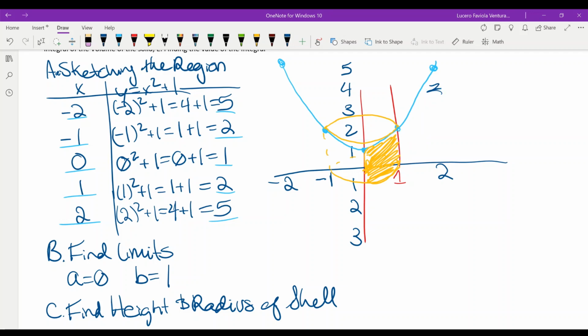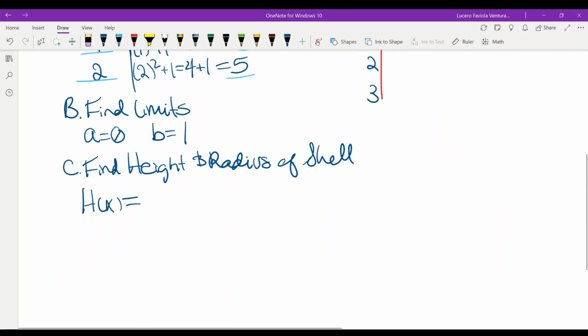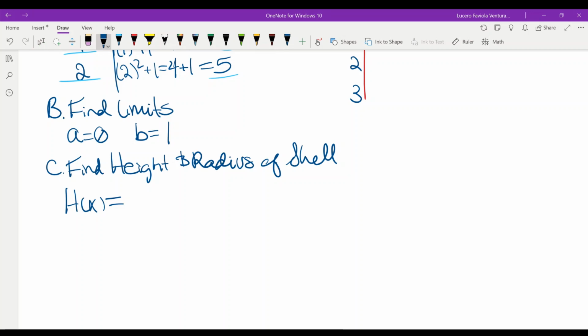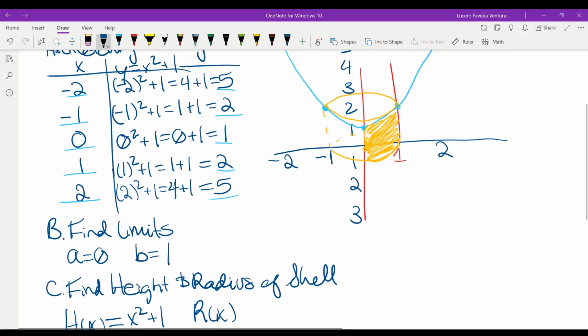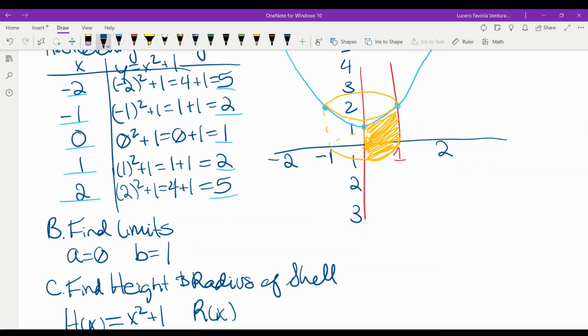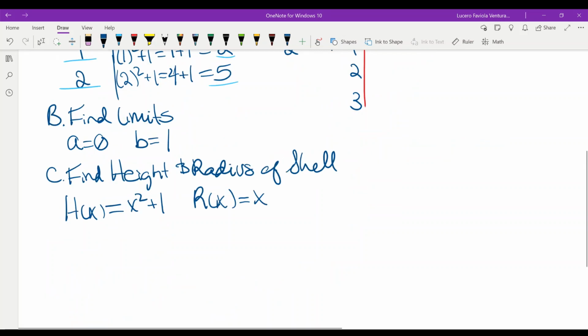So that would be the height. So h of x is equal to x squared plus 1. And our r is equal to x, because x is everything between 0 and 1. Revolved around.